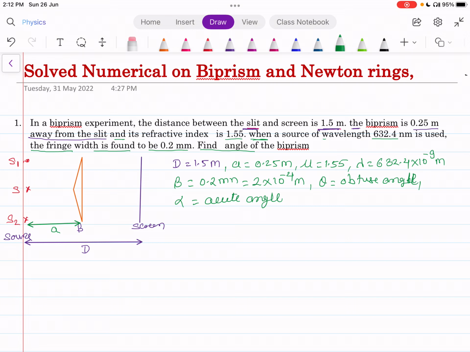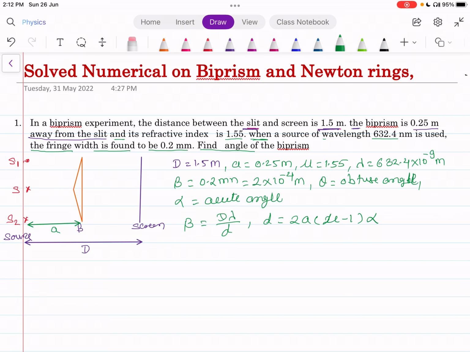To solve these numericals, we are going to use the formula of beta, which is equal to capital D into lambda divided by small d, and small d is equal to 2a into bracket mu minus 1 into alpha. These two formulas we are going to use.